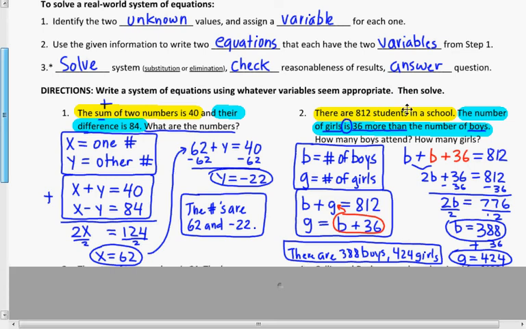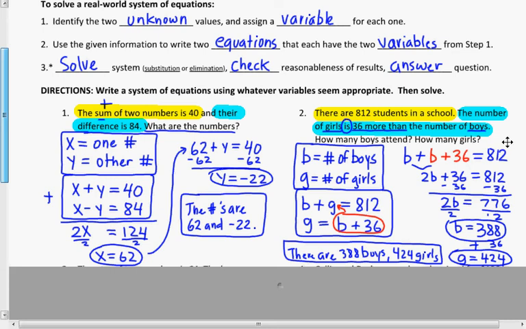Okay, the yellow sentence here says there are 812 students in the school. So I can turn that into an equation by saying that B plus G has to equal 812. The number of boys plus the number of girls has to equal 812. Okay, the turquoise sentence says the number of girls is, that's equals, 36 more than the number of boys.